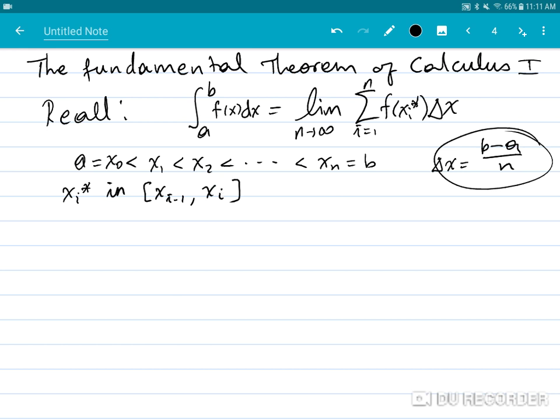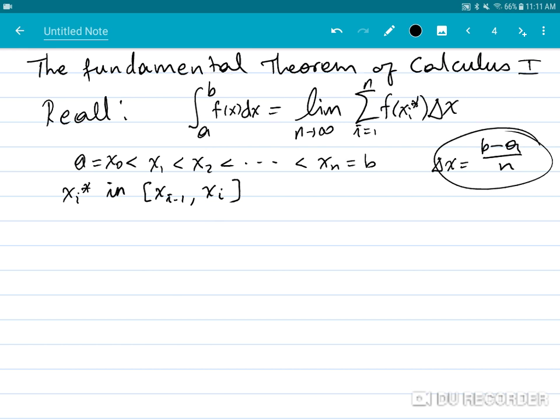Provided this limit exists, meaning we make finer and finer partitions and the limit goes to a particular fixed, finite value, we say the integral exists and the function is integrable. So this notation stands for this limit.